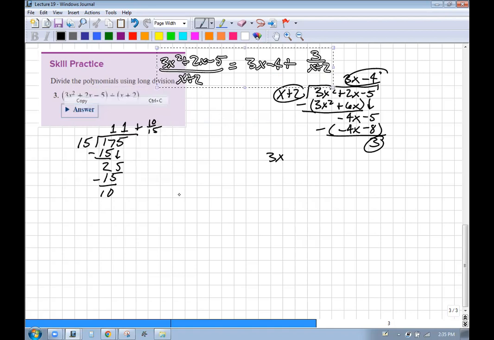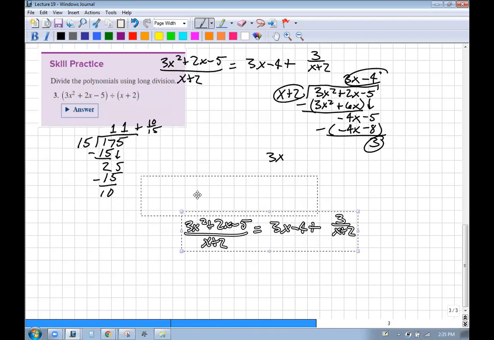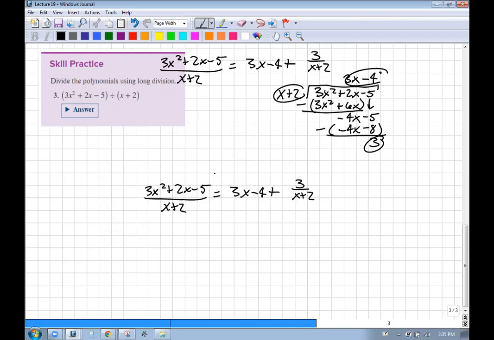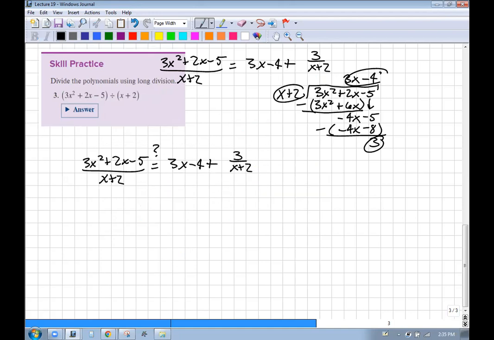And you can check your work. Let's get all this out of the way. So let's check our work. Does this equal? Well, if you multiply both sides by x plus 2, that cancels. We'd be like, okay, it's 3x squared plus 2x minus 5 equal to this over here.